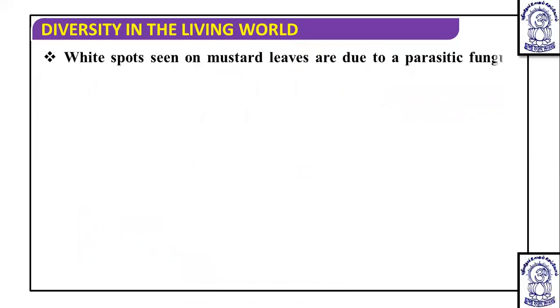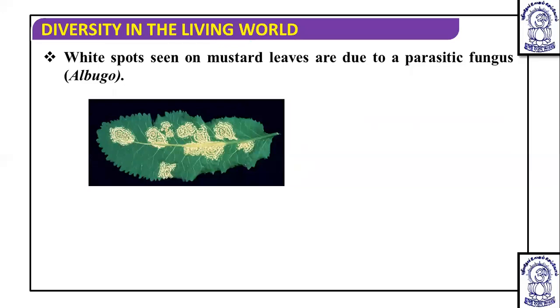Then sometimes we see white spots on mustard leaves, and that is also due to a parasitic fungus, Albugo. You can see the white spots caused by the parasitic fungus Albugo, and it is known as white rust of crucifers.